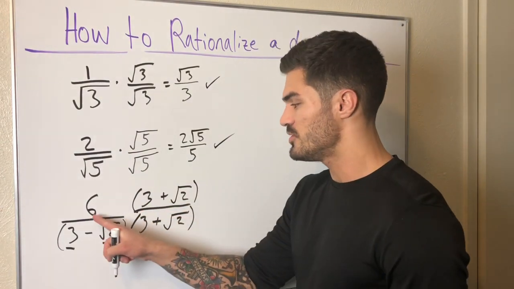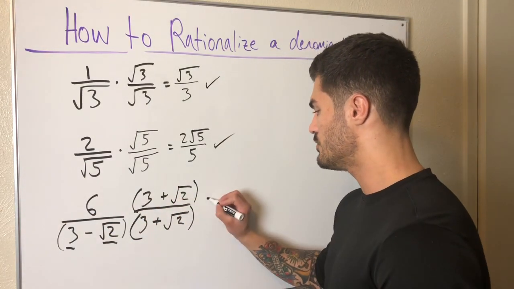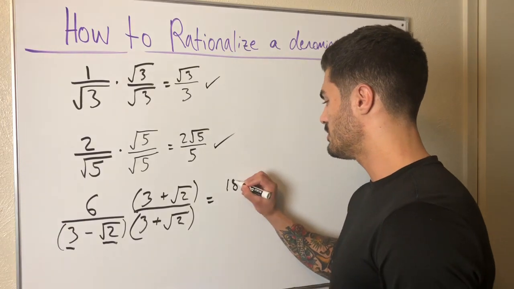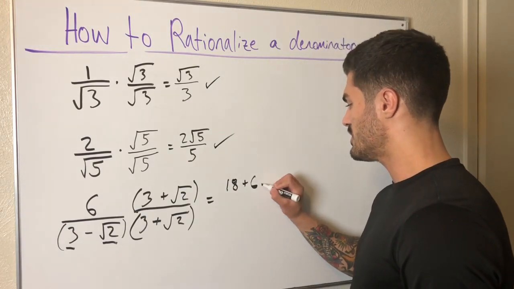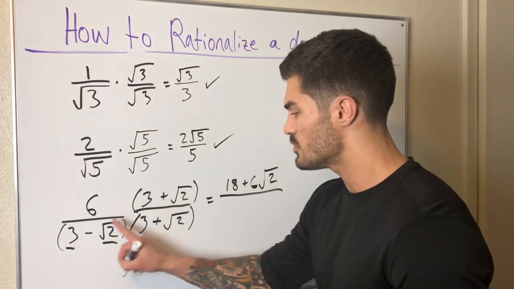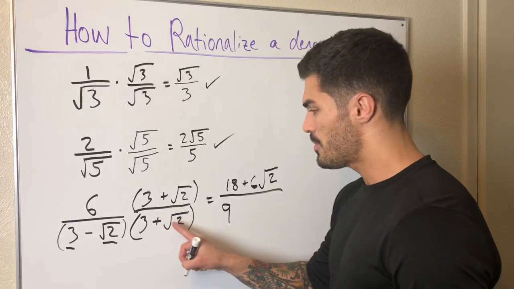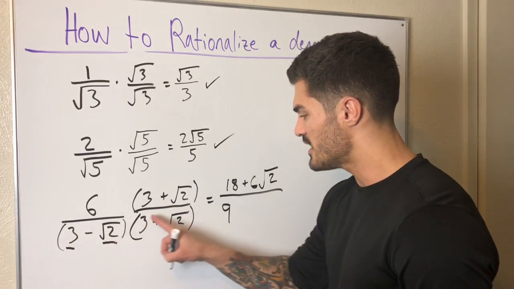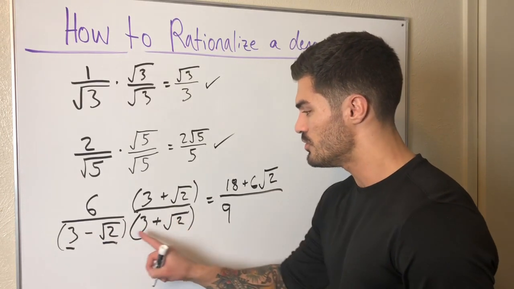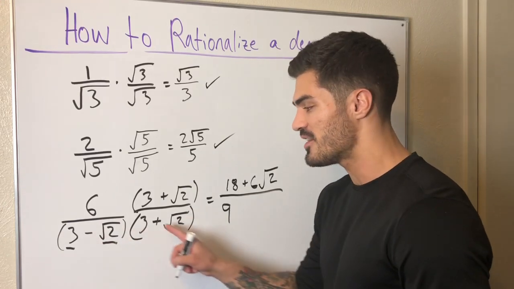All right, so I have to distribute this 6. So this is actually 18 plus 6 root 2. 18 plus 6 square root of 2 over, let's see, this becomes what, 9. But look what happens here. That's 9, and that's plus 3 root 2. And then minus 3 root 2. You see that? How those radicals cancel?